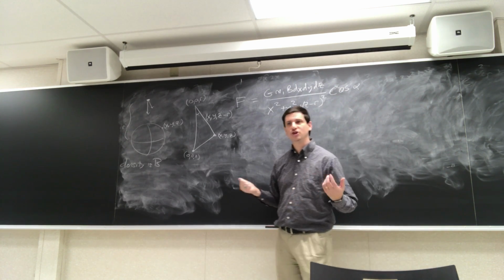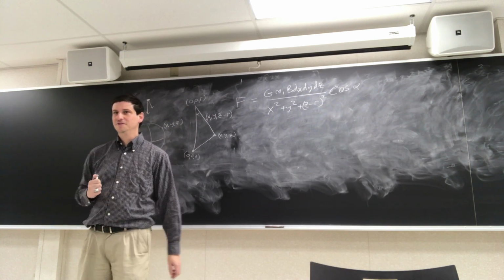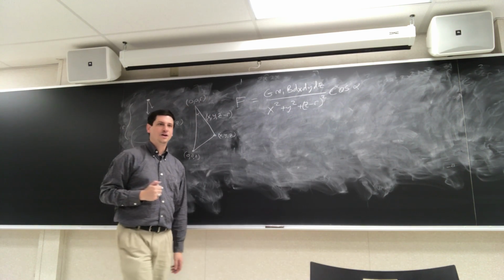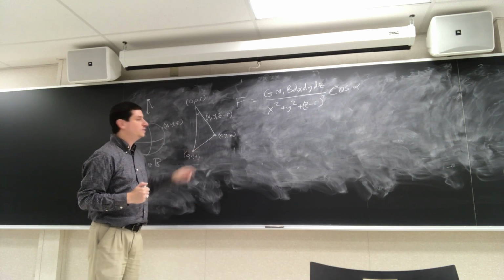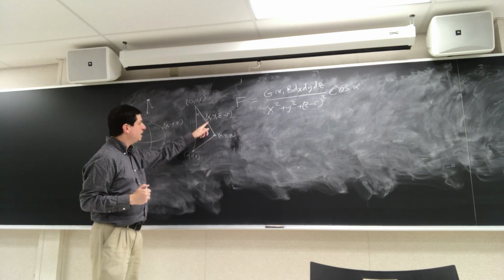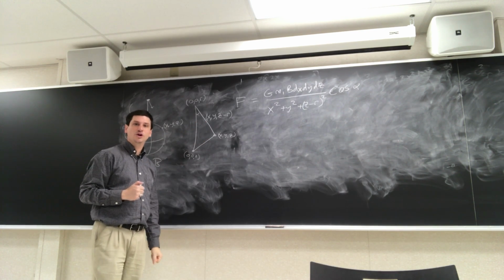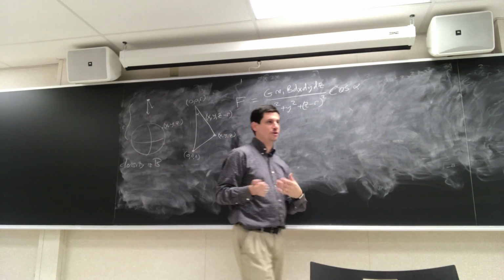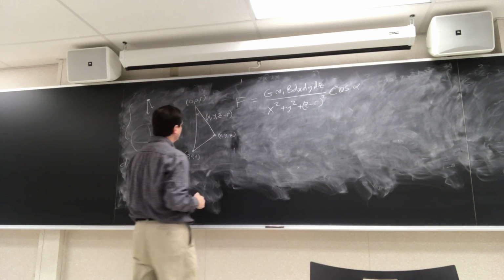Do you know anything from chapter 11 that can give you the cosine of an angle? Law of cosines would give it to you if you have the lengths. Dot product. So we actually have this length, we have this length, and we have that length. So we could actually do it with the law of cosines. We could also do it with dot product. Either one is fine.